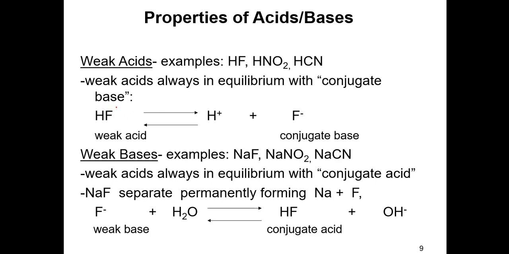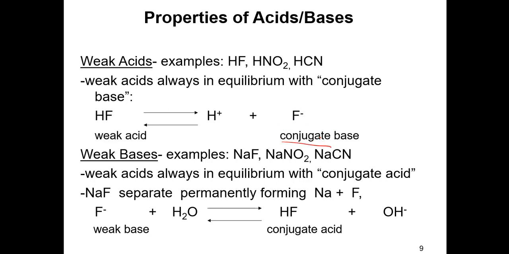Now, this is a weak acid by itself, and as I mentioned, it likes to give off a hydrogen. For the ones that donate hydrogens, it gives off a hydrogen, and then it creates a leftover ion. This leftover ion we call a conjugate.